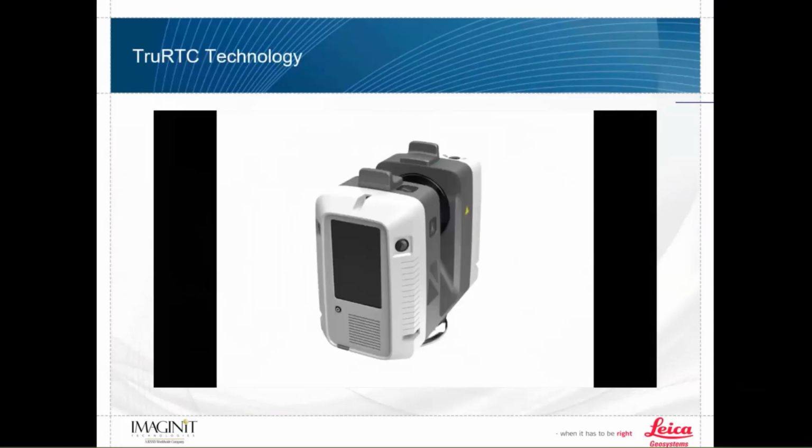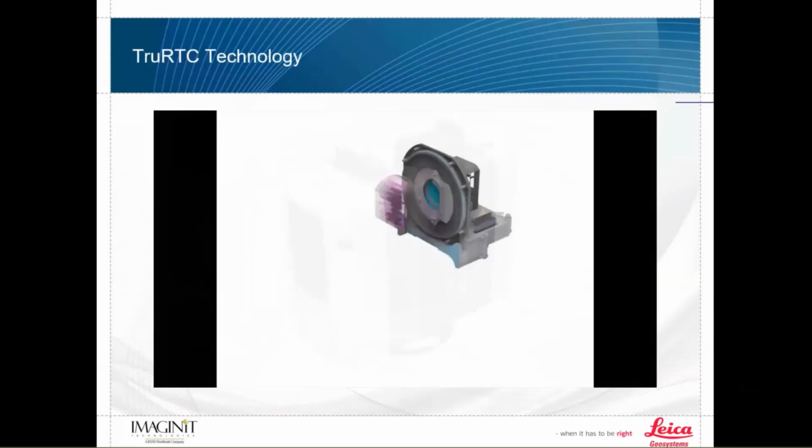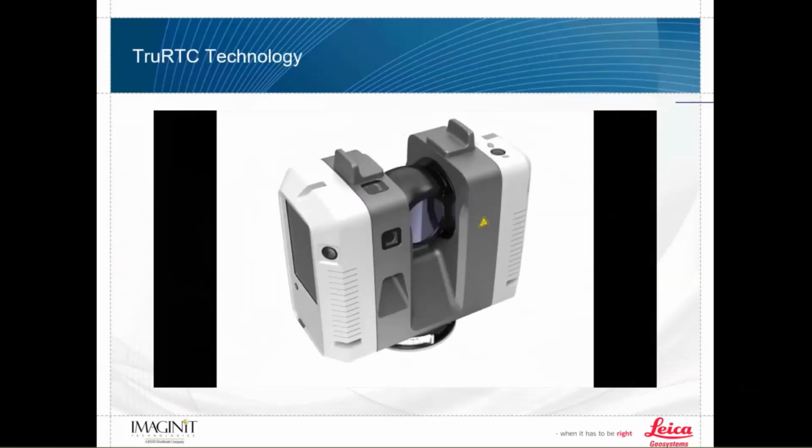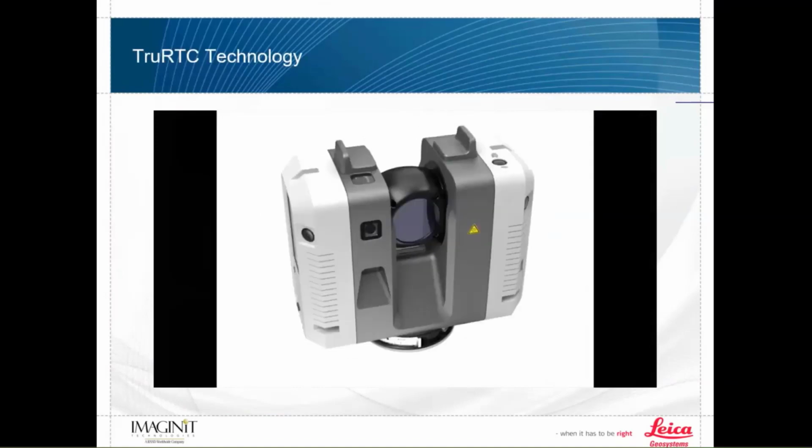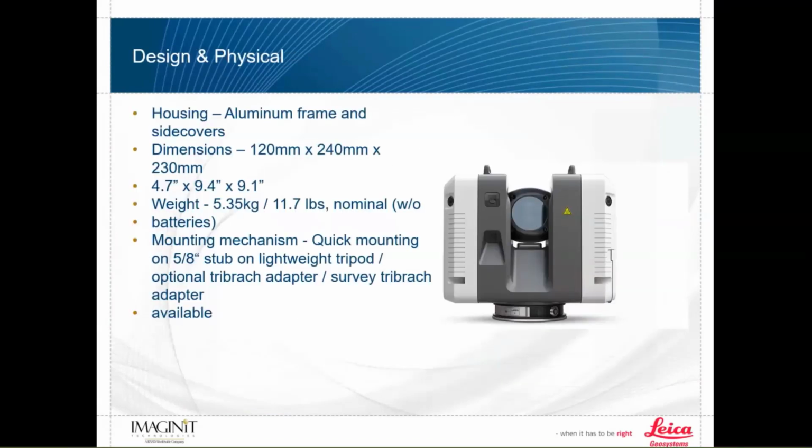The unit is very, very well built. It's all aluminum housing. This unit is spitting out and collecting data much faster than any other scanner. Like I said, aluminum housing, side covers, dimensions about 4.5 by 9.5 by 9 inches. It's not too big.